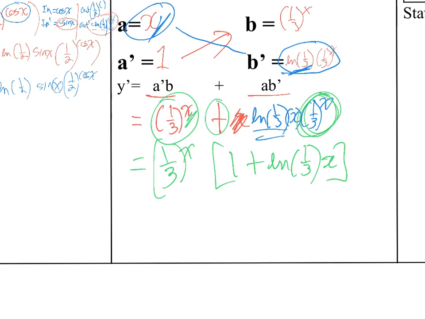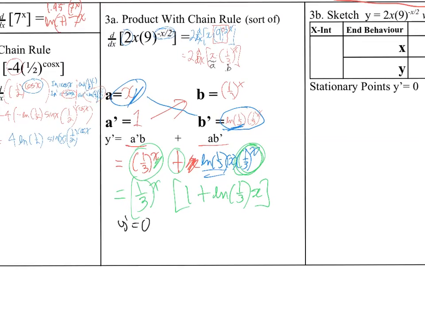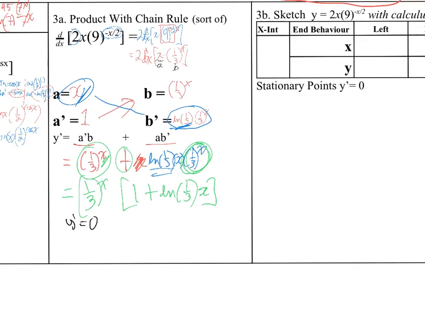Now, what if I was going to graph sketch and I wanted to get the critical values? To get the critical values, I have to set y prime equal to 0. And you know what? I'm going to do this in our next video, just to keep the videos at a reasonable length.